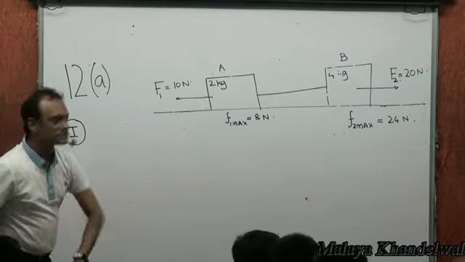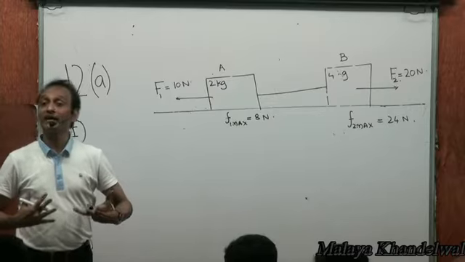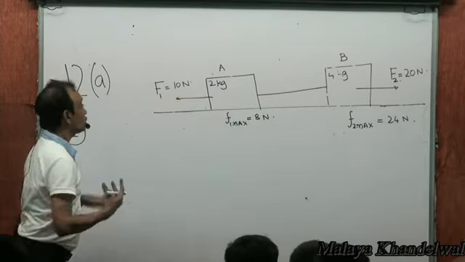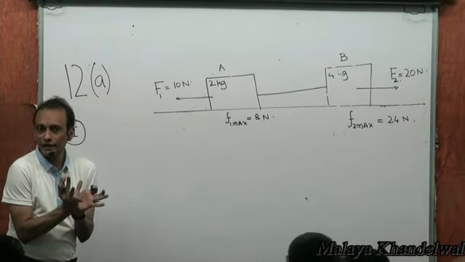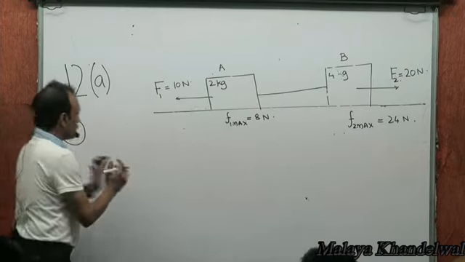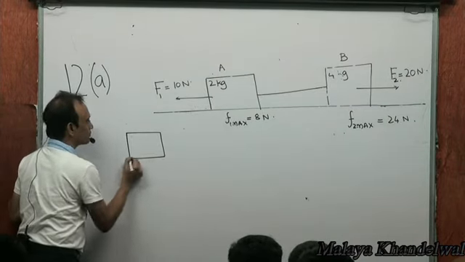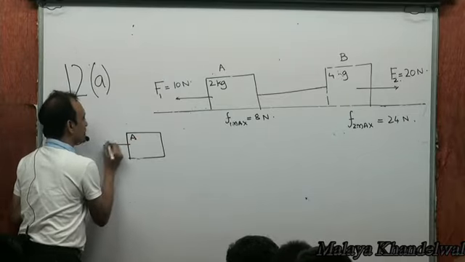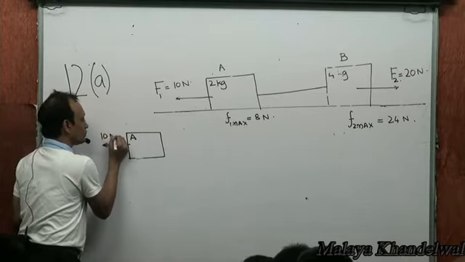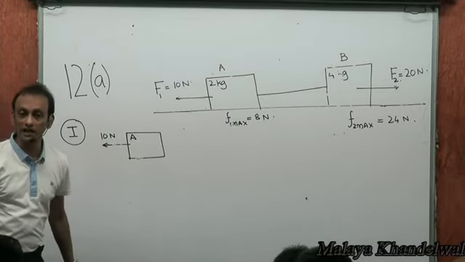The first one is this. Look at the free body diagram of A alone, for example. When I look at the free body diagram of A alone, there is 10 newtons to the left.